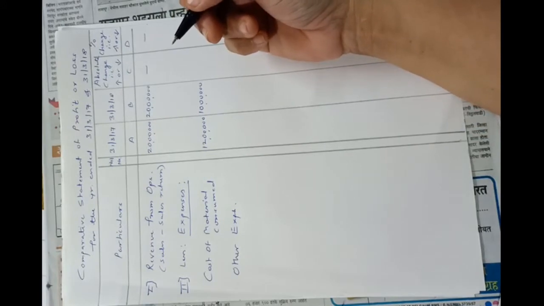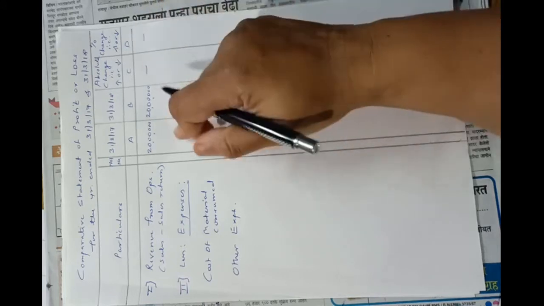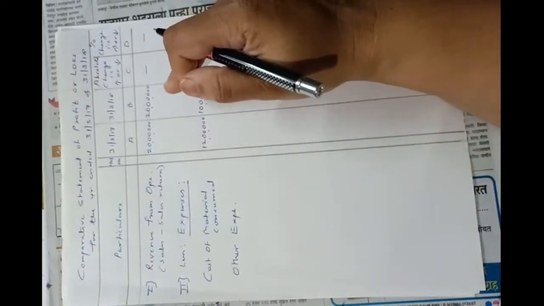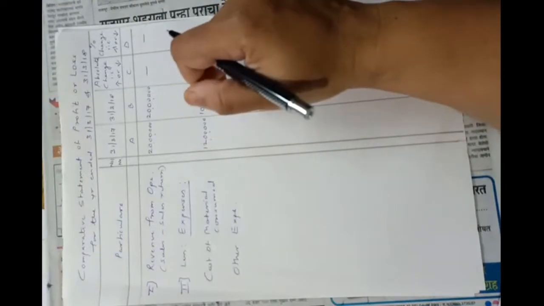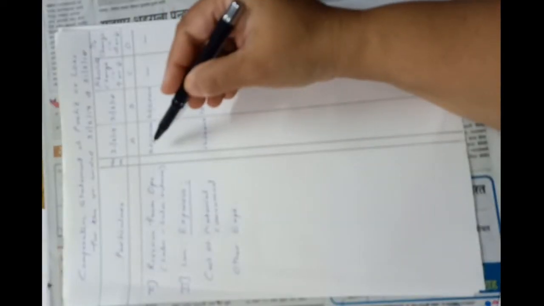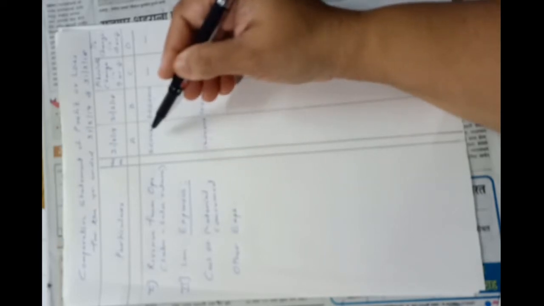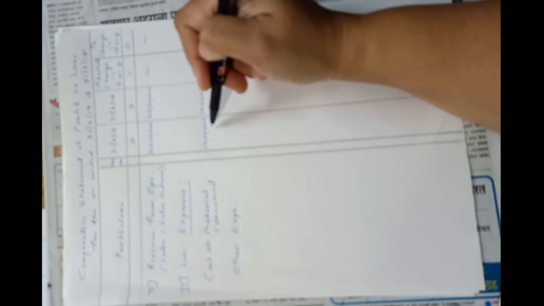Okay, other expenses percentage is given, 10% and 20%, that is for 17 it is 20% and for this it is 10%, that is 20% and 10% of revenue from operations less cost of material consumed. 20 lakhs less 12 lakhs, the amount is 8 lakhs.